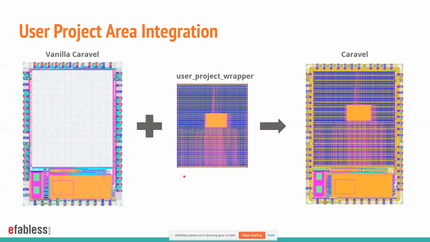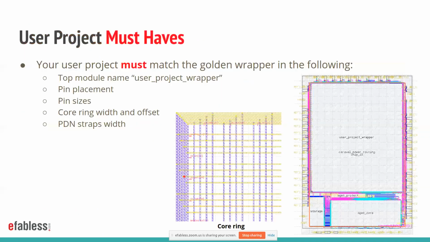So these requirements are as follows. First, your top module name for the GDS file must be user_project_wrapper. And you must adhere to the pin location and pin sizes that are specified by the golden user project wrapper. This is mainly because all the chip routing is pre-planned before integrating your user project wrapper into Caravel.